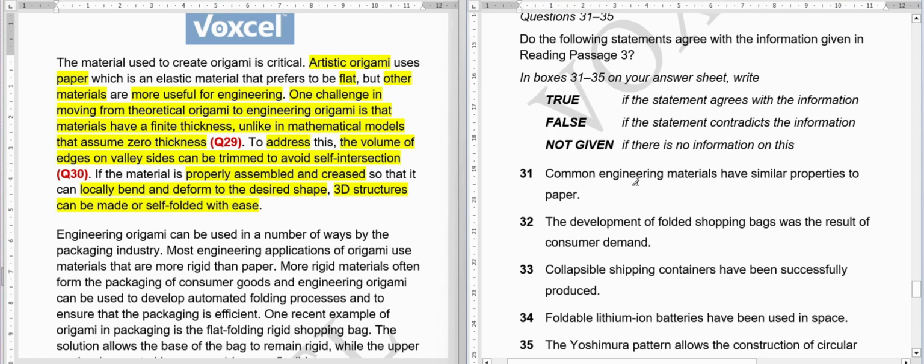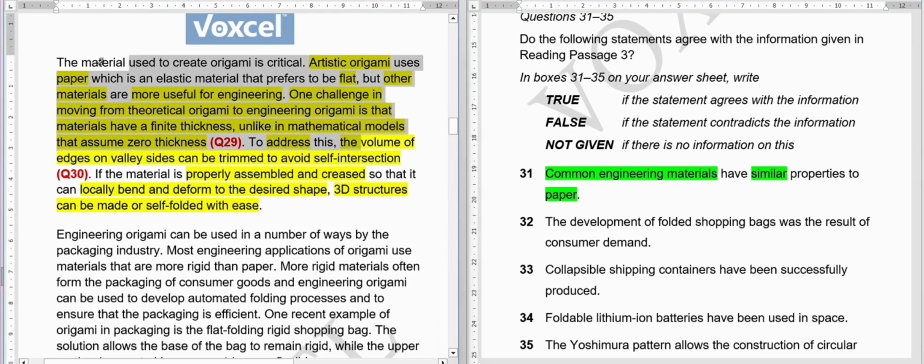Common engineering materials have similar properties to paper. Okay, let me change the color. So, is there any mention of common engineering materials and paper and about their similarities or differences? Yes, let's read the location then. Artistic origami uses paper.